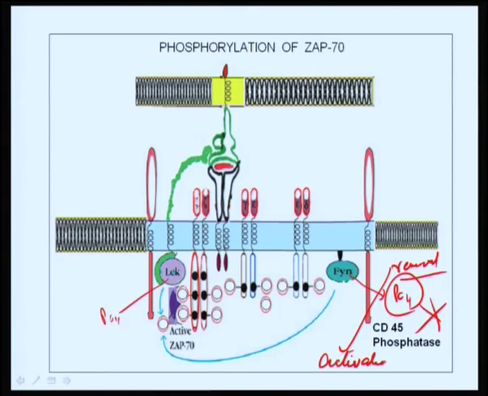So, because they are kinases, they are going to add phosphates to these ITAM motifs, and what happens is that all these motifs get phosphorylated. Once this gets phosphorylated, there is a protein called the zeta activating protein ZAP70. This ZAP70 has the ability to bind to SH2 domains. So, these have SH2 domains that have the ability to bind phosphorylated residues.